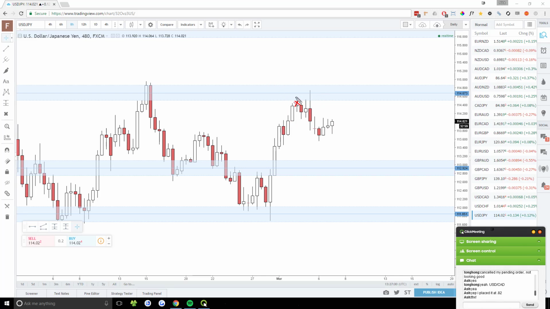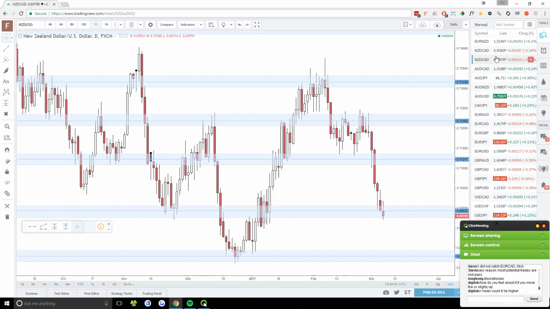It's not like you can't enter a trade here, but if you enter a trade, you need to accept that your stop loss has to be a bit higher, because there's still a strong potential for buyers to push up and test this resistance area again.